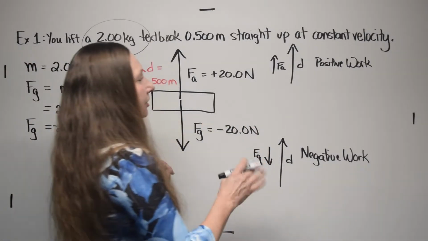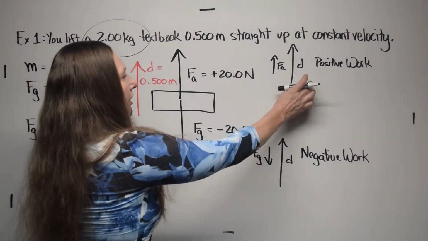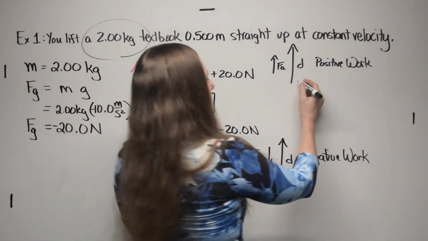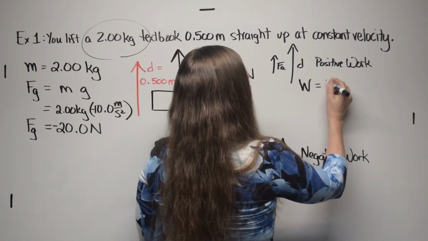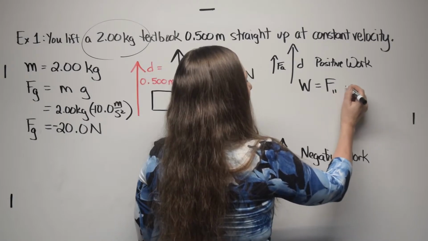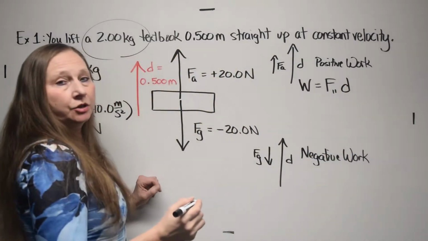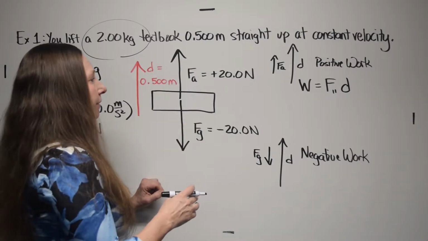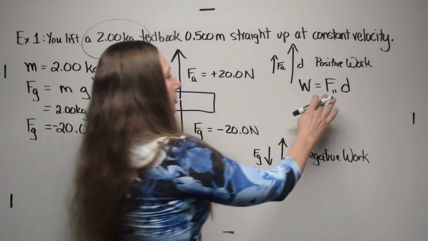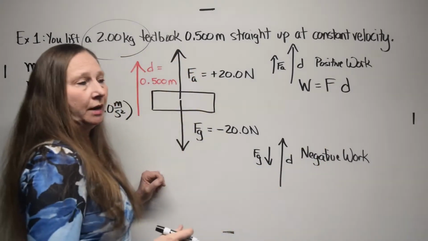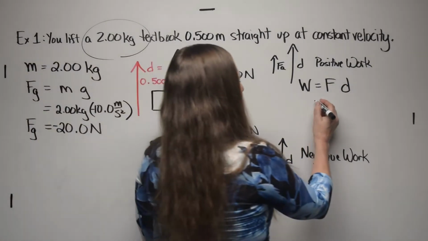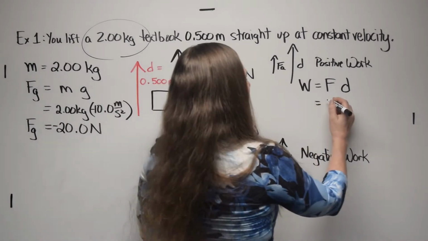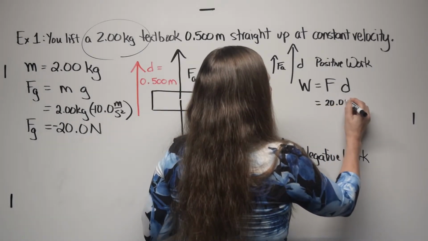All right, now let's calculate the work done by the applied force. So work is equal to the force that is parallel times the displacement. Well, the whole force is parallel, so let's not worry too much about that. All right, so the force is positive 20 newtons.